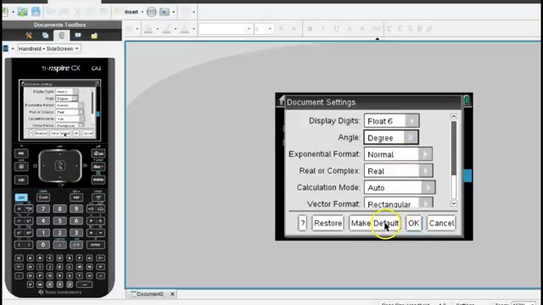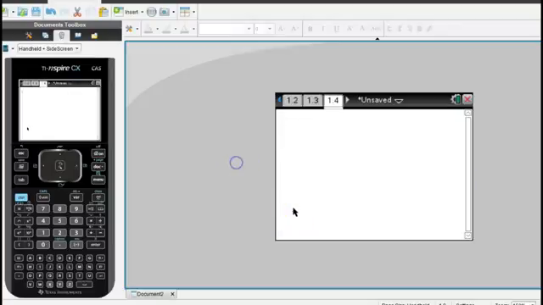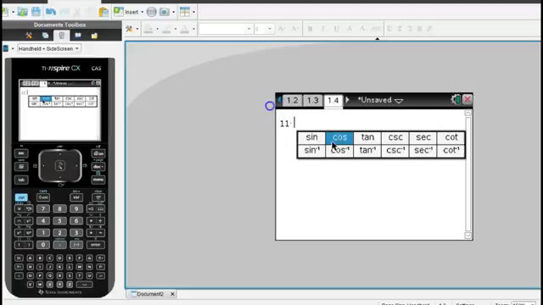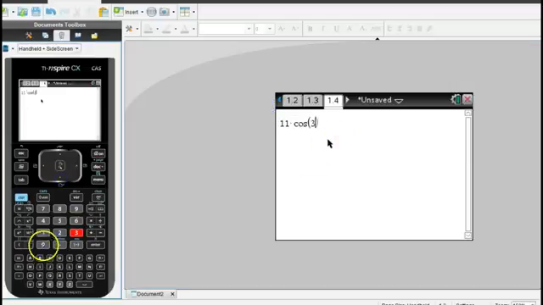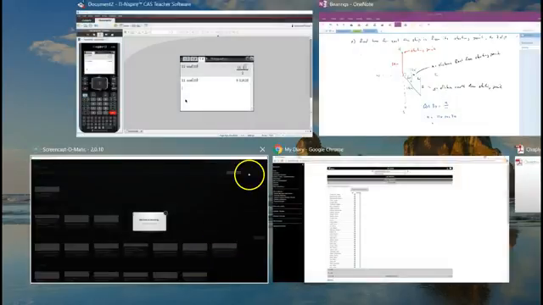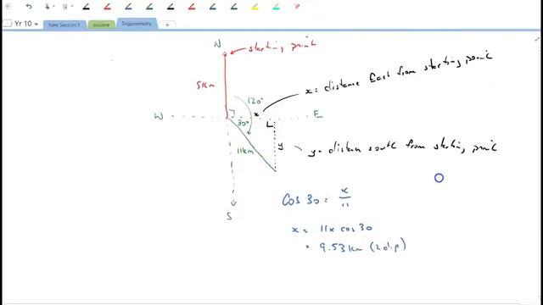So make sure you are as well. And go back in here and try again. 11 times cos 30. Hit enter. If you need exact, control enter will give it to you. 9.53 to 2 decimal places. 9.53 kilometers to 2 decimal places. Now, if we wanted to find y, we'd be working with the opposite over hypotenuse, and you'd use sine for that.